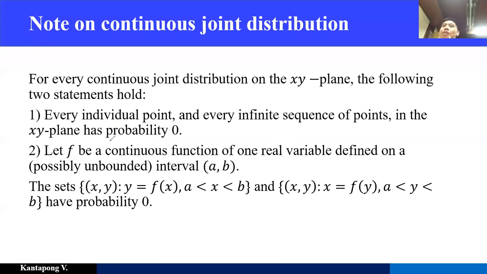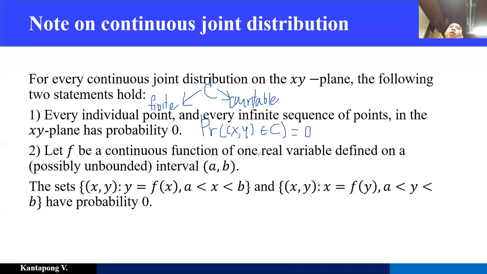That is, an individual point, a finite set, and a countable set. So let's say if set C is either finite or countable, the probability that (X, Y) is in C is equal to 0. That's the property.